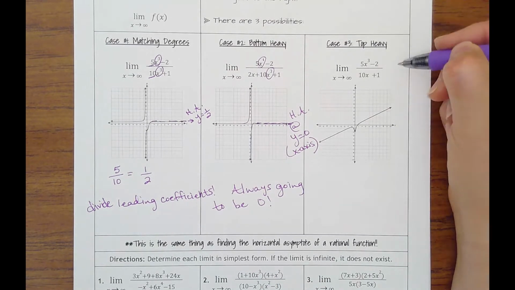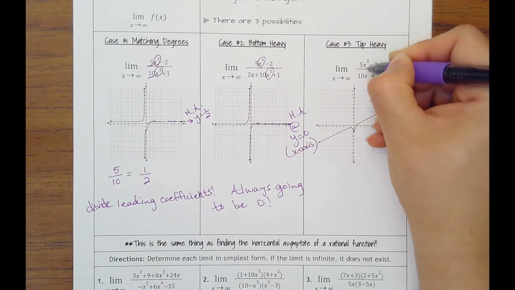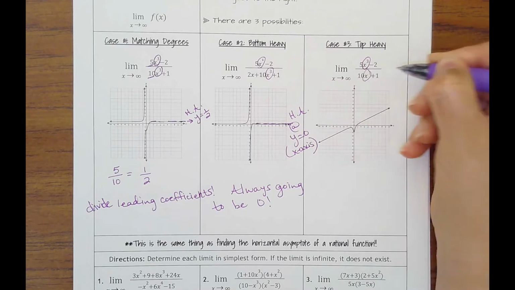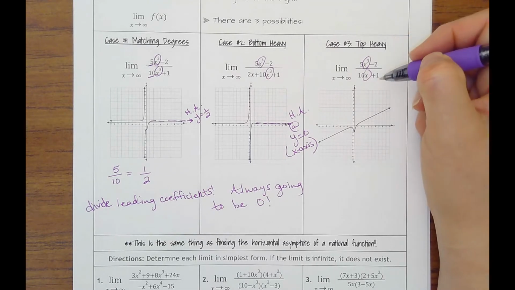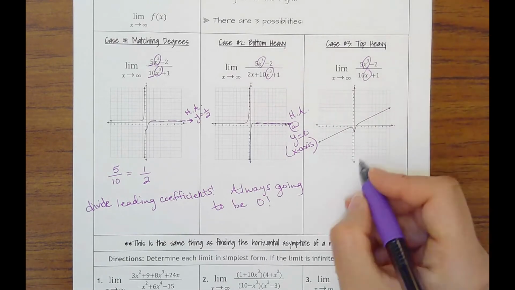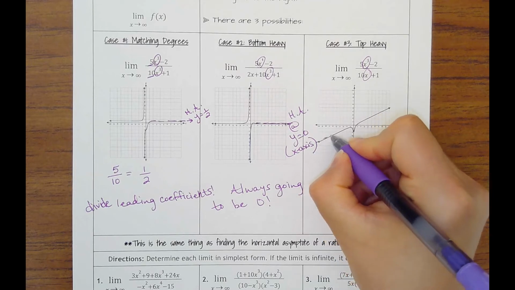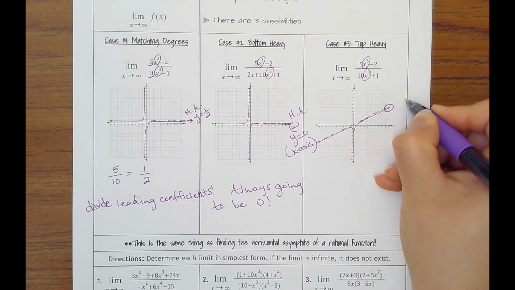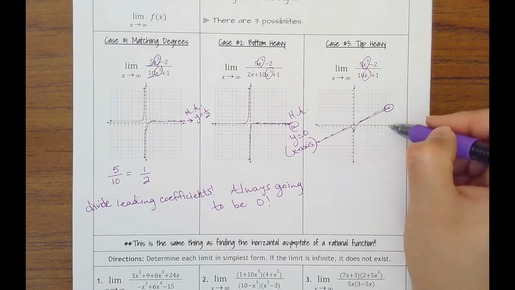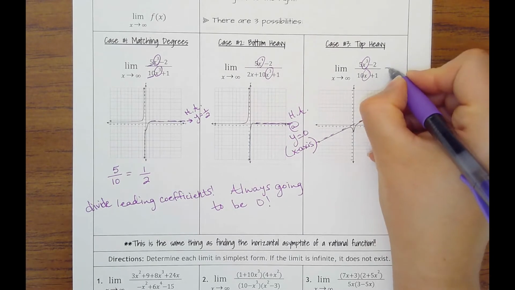Okay, and then the third case is if it's top heavy. So now we have an x cubed over an x to the first. This rule is when we had slant asymptotes. But if we have a slant asymptote, what that means is this end actually is going up forever. So the limit, as we're going to the right, is going up to infinity.